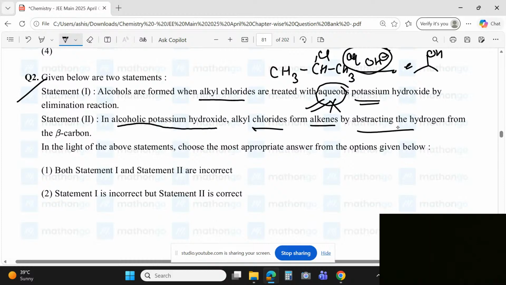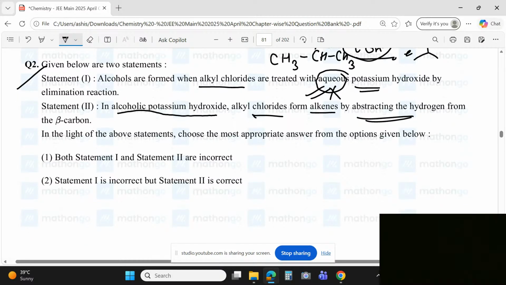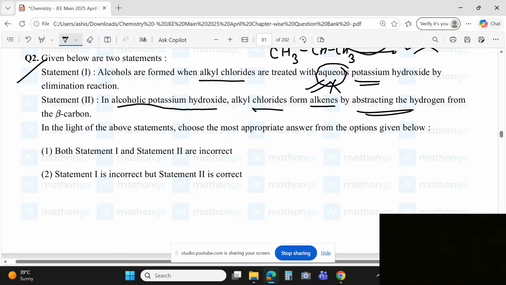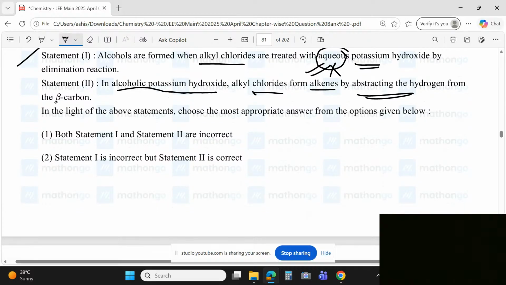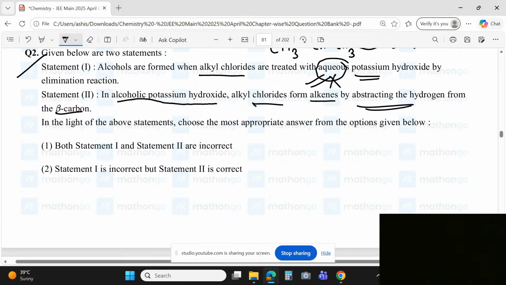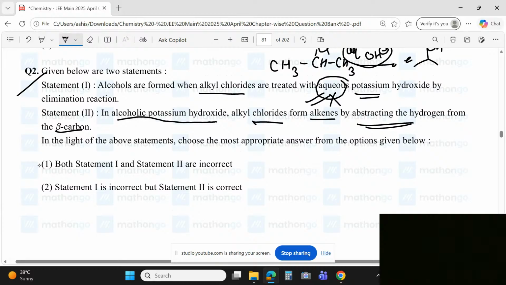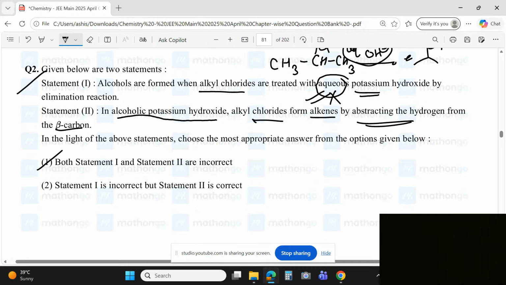Why? Because when OH minus ion is surrounded by alcohol, which is a bulky group, it will behave like a base, and after reacting with alkyl halide, we will get alkene by removing the hydrogen from beta carbon. So statement 1 as well as statement 2 are both correct.